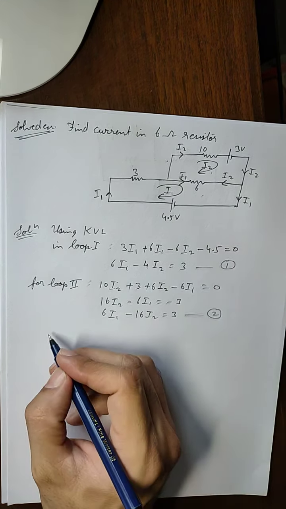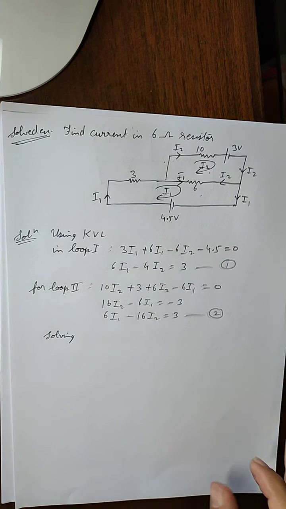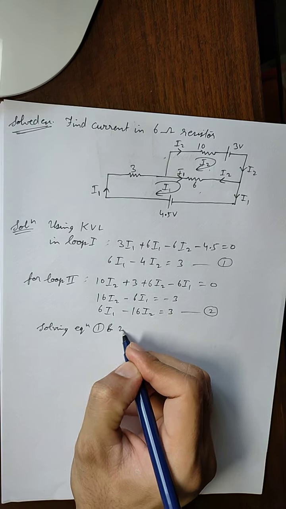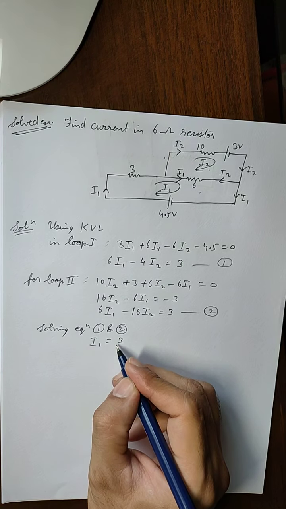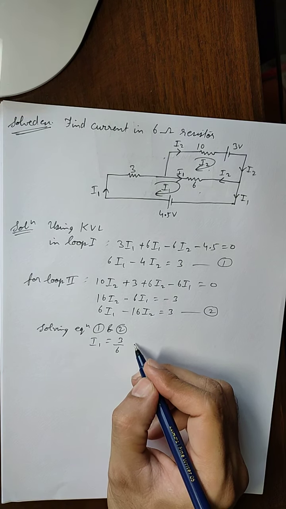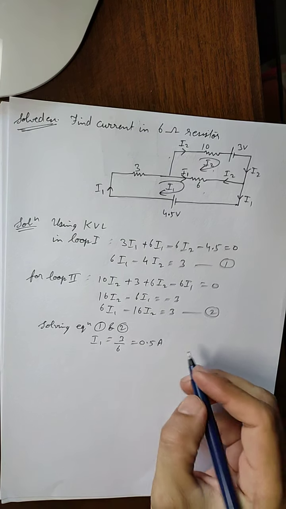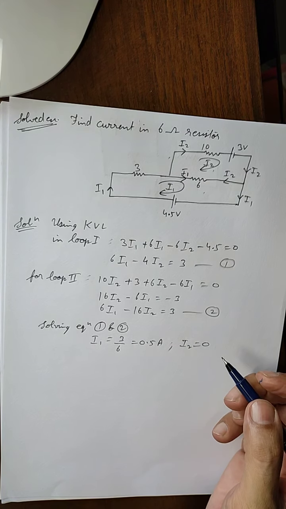So by solving this, now again these are two simple linear equations you can easily solve yourself. Solving equations 1 and 2, we can find the value of I1, and I1 will be equal to 3 by 6, which is equal to 0.5 amperes, and I2 will come out to be 0.